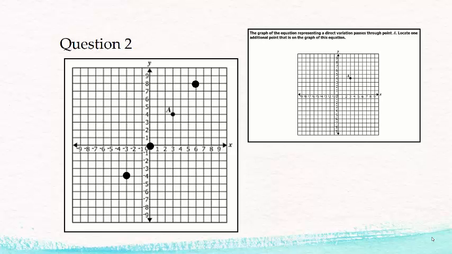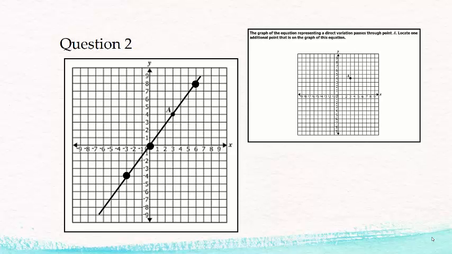You go to the left 3, you go down 4, and now we draw a line through it. They only asked us to locate one additional point, but we located 3. We're just overachievers, I guess. Remember, direct variation goes through the origin, and you continue that slope. So whatever it takes to connect those 2 points, it'll take to connect the next 2 points.